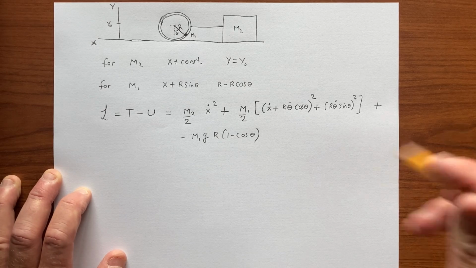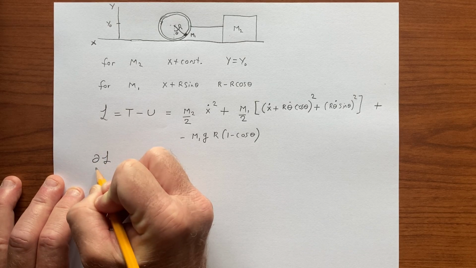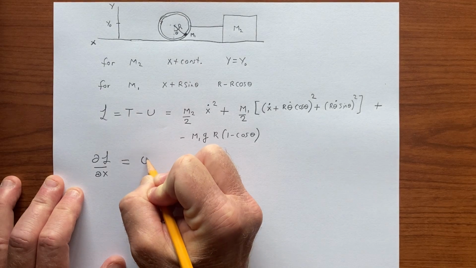So let's do dL by dx, and we can see that that's equal to 0.